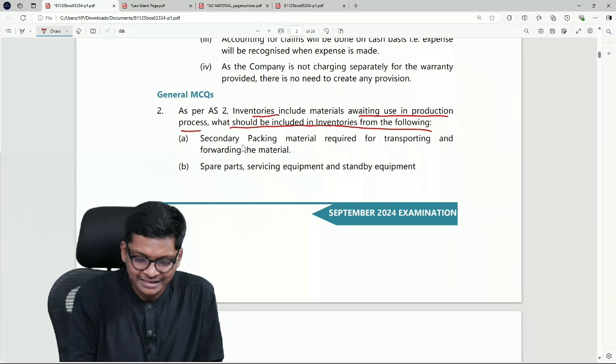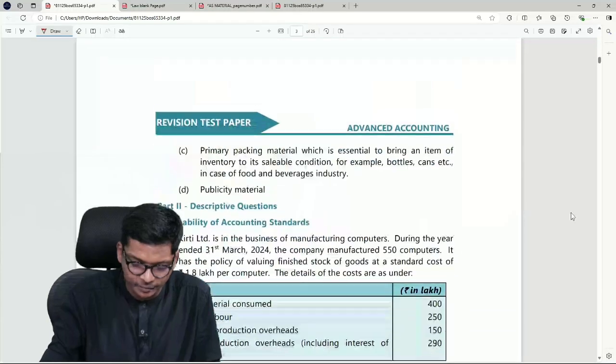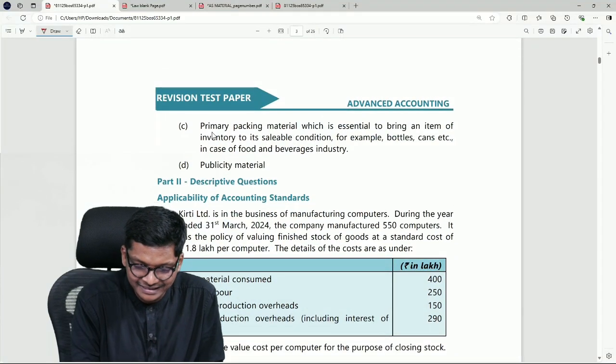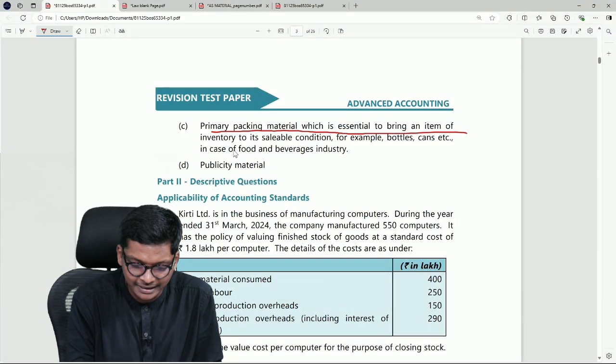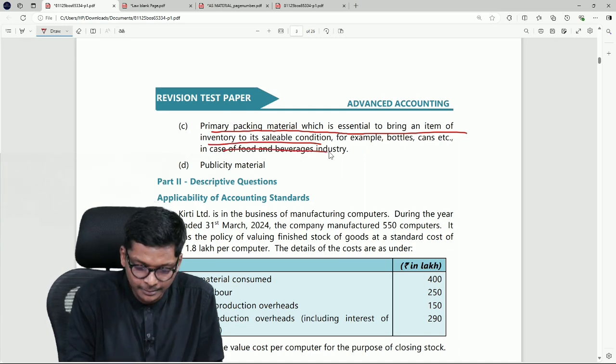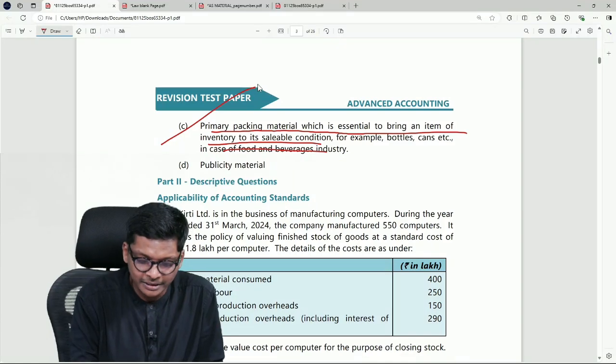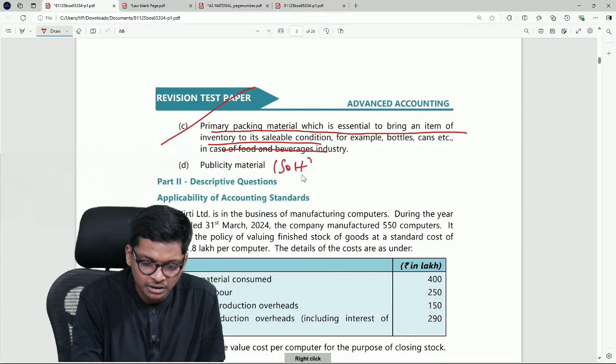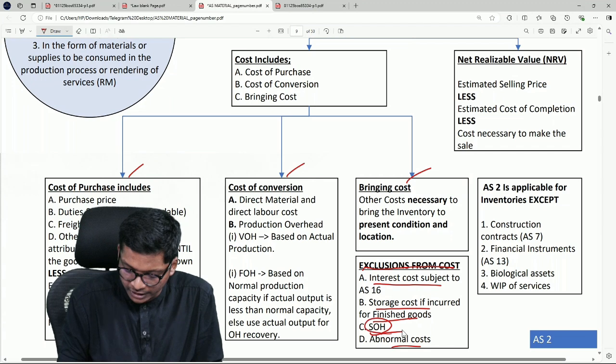Here, secondary package material required for transporting, no. Spare parts, servicing equipment and standby equipment, no. Primary packaging material which is essential to bring an item of inventory to its saleable condition, yes. Publicity material is SOH, selling overhead, it is excluded.